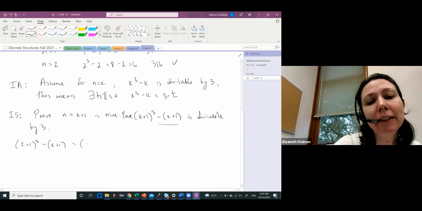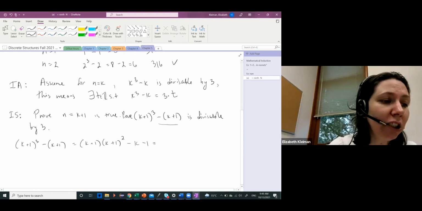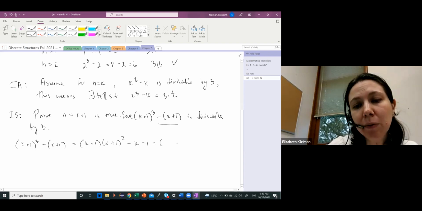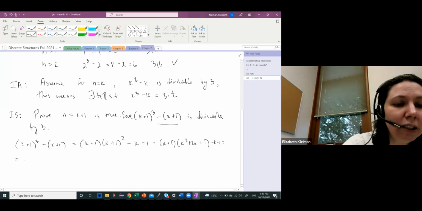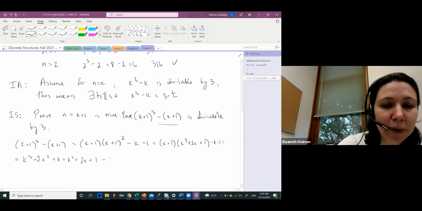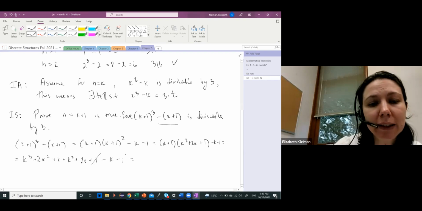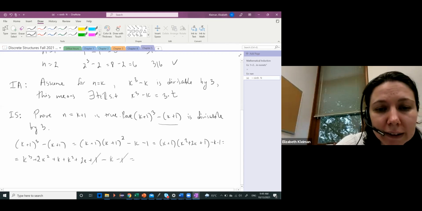So this is pretty much the same as (k plus 1) squared times (k plus 1) minus k minus 1, which is (k plus 1)(k squared plus 2k plus 1) minus k minus 1, which is k cubed plus 2k squared plus k squared plus 2k plus 1 minus k minus 1. I'm just literally opening up the parentheses. You can already see that I can cancel the 1 and the minus 1.